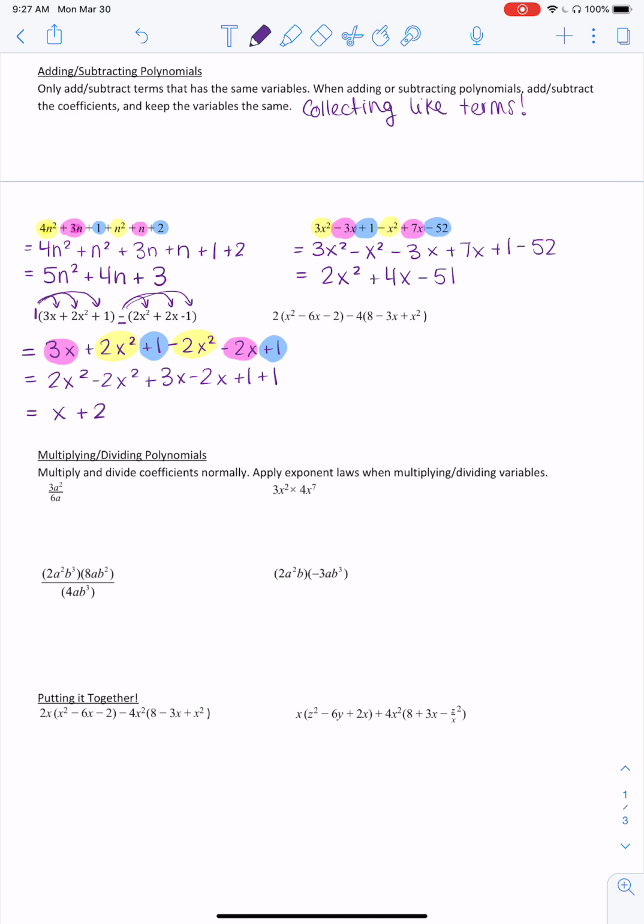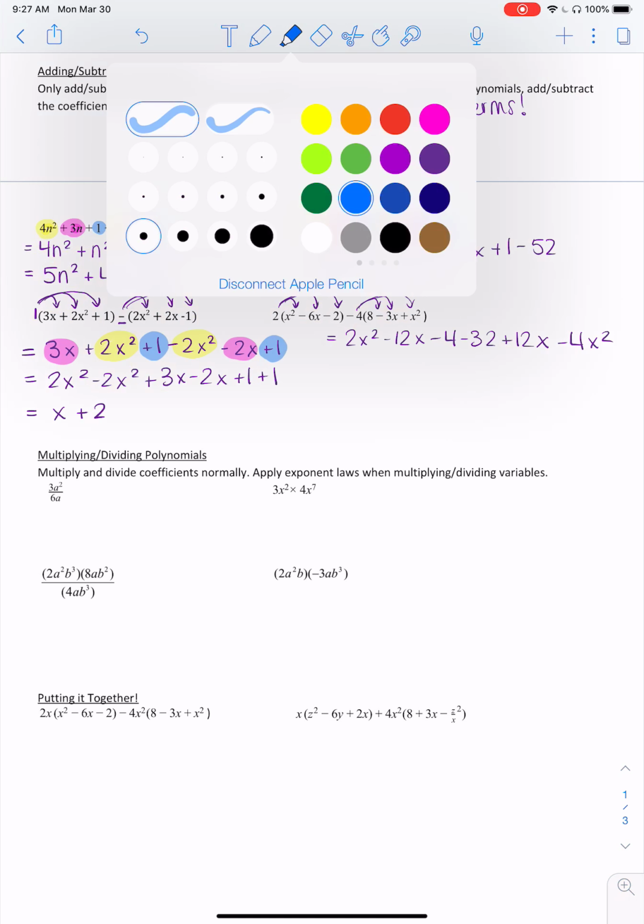For our last one here, we have to start by getting rid of the brackets. So we have to multiply in these numbers on the outside. And then we're going to identify all of our like terms.